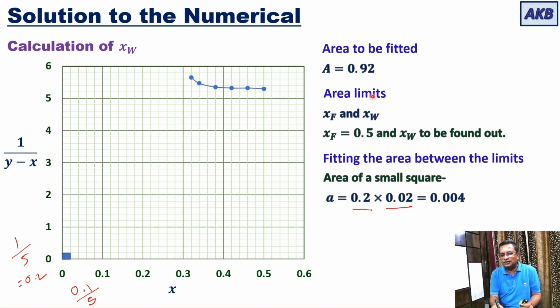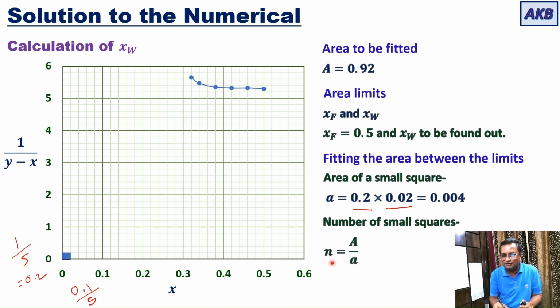Okay. Now the total area will be occupied by such small squares, and we know area of one square. So you can easily get the number of such squares that will be required to fit this area. And how to get that number of small squares? It will be total area divided by area of one square.